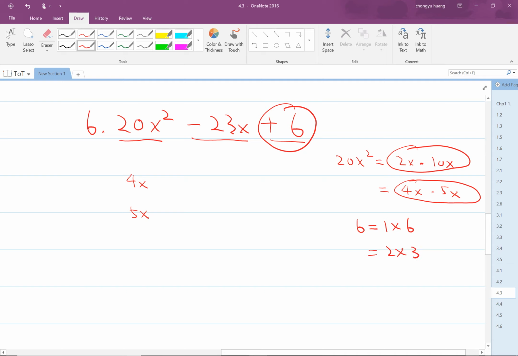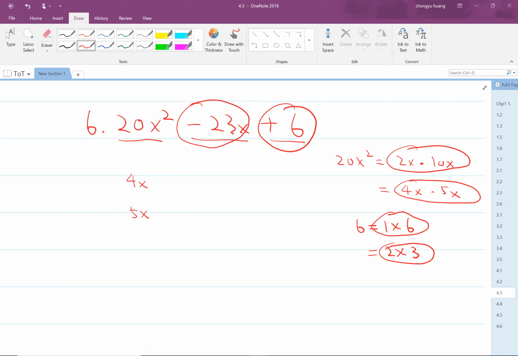You actually have to give it a try, because you don't know which one will give you negative 23, right? So that's why you need to try a little bit, okay? Maybe sometimes you will not find the solution on the first try. Then you just need to change it. If 1 and 6 is not working, then you're going to try 2 and 3, right? So that's basically the logic over here, okay?